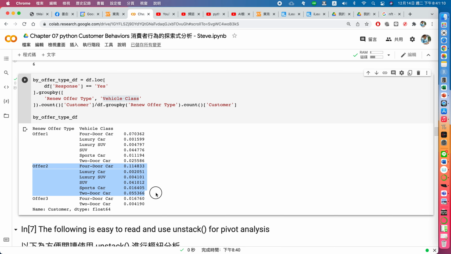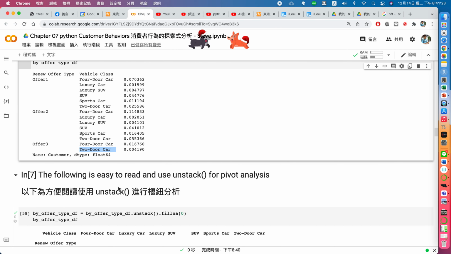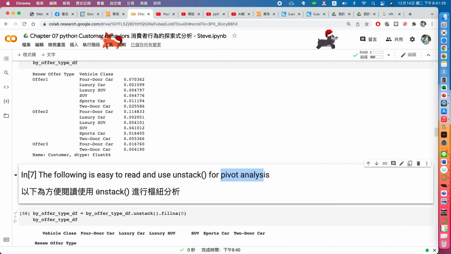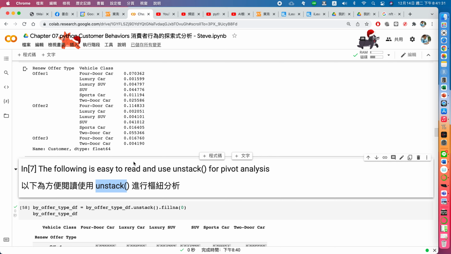Offer 2 for each one. Offer 3, there are only 2 types of the vehicle class, which are 4-door car and 2-door car each.